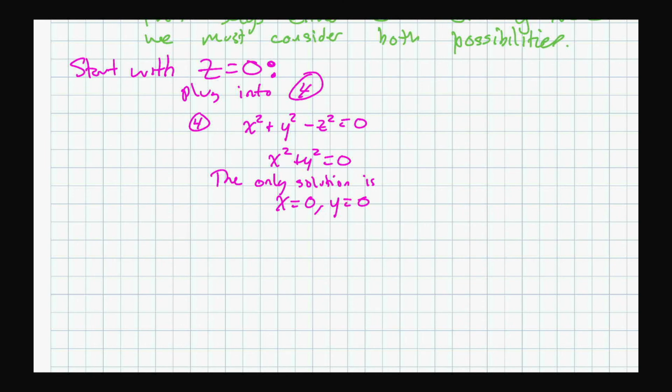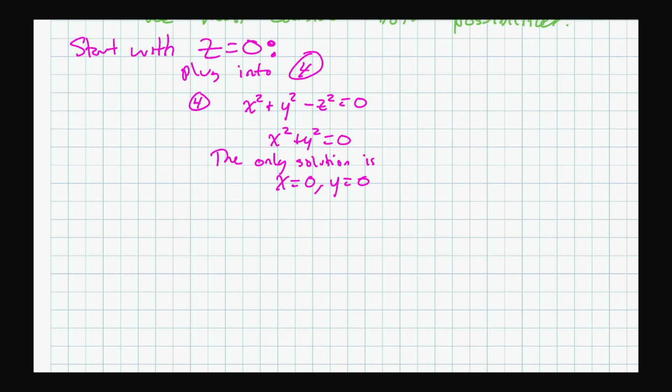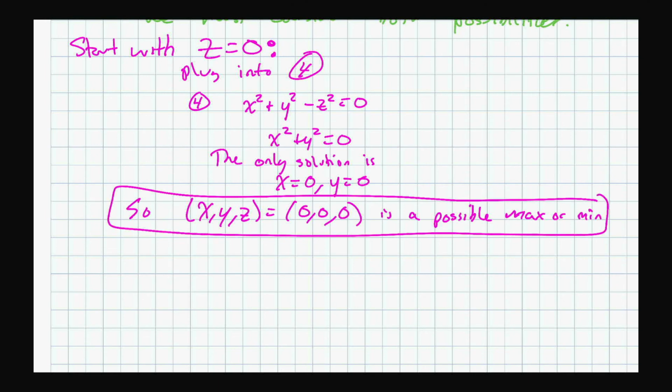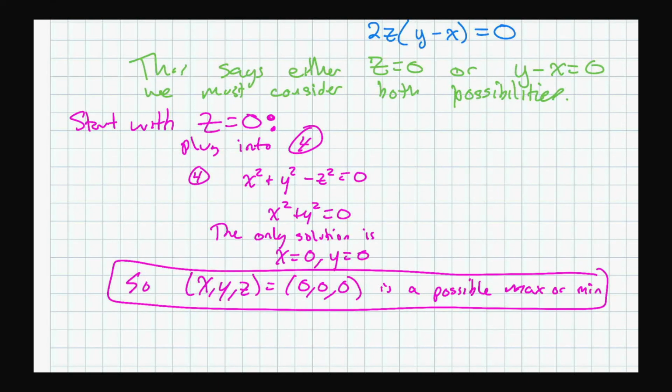So x, y, z equals 0, 0, 0 is a possible solution, a possible maximum or minimum. This is important. We're going to hold on to this point for later. And that's what happens if z equals 0.